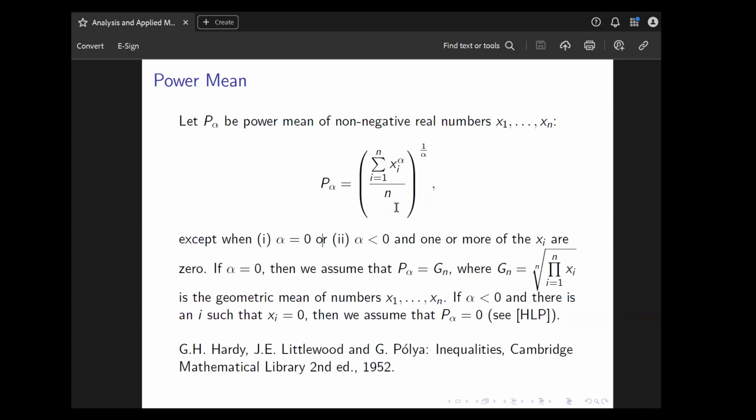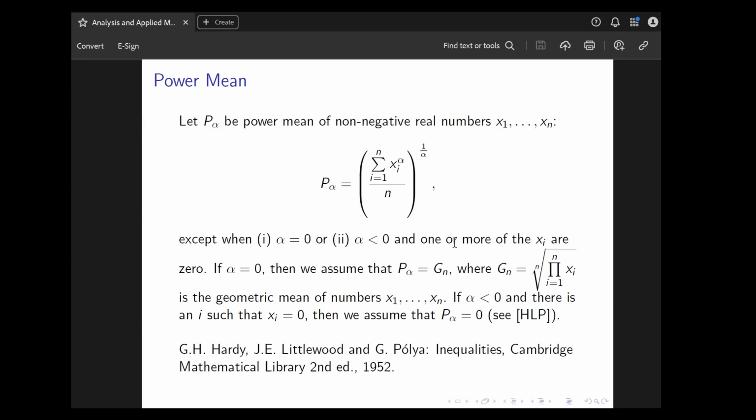Of course, one should clarify what this means when alpha is 0. When alpha is 0, then we assume that this P alpha is the geometric mean of these numbers. If alpha is negative, there is a problem with zeros in the denominator, because if alpha is negative, then xi will be in the denominator.